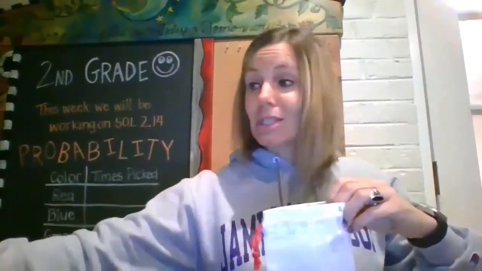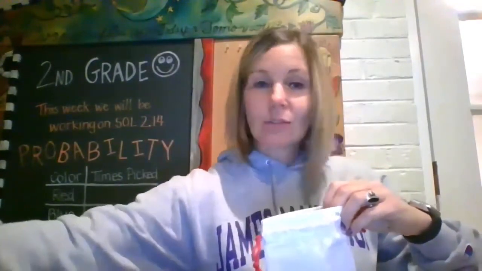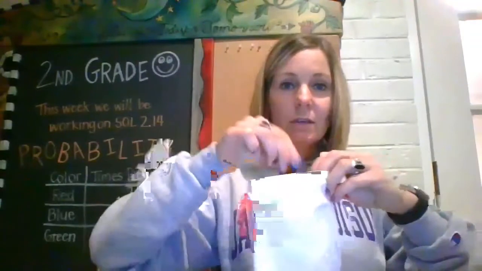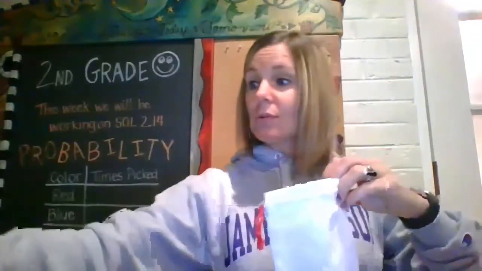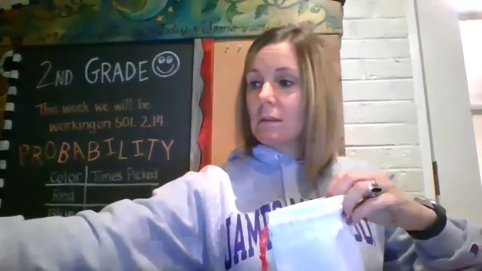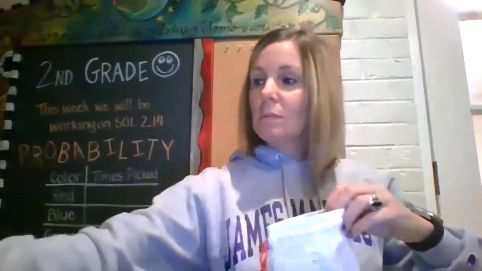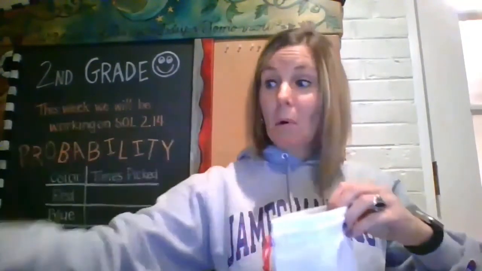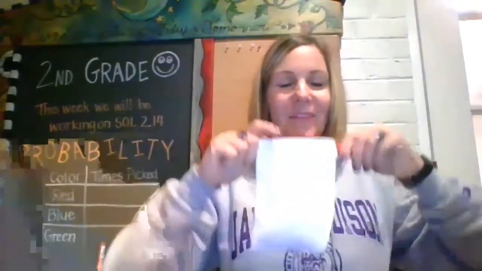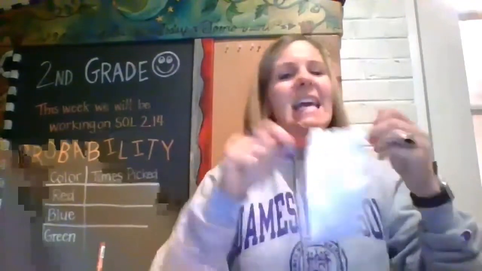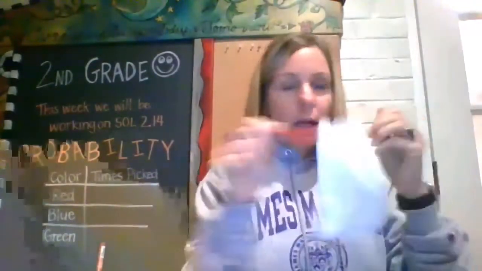And I'm going to put 10 blue counters in. So here's some blue, some more blue, more blue, more blue, more blue. And then I'm going to close the bag and I'm going to shake it up good.